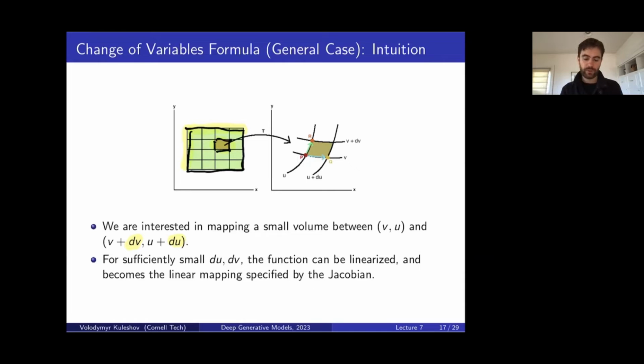And for sufficiently small rectangles, we can approximate this local transformation by a linearization of the original formula, and the ideal linearization is going to be given to us by the Jacobian.